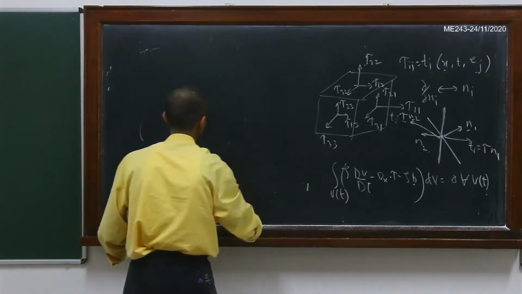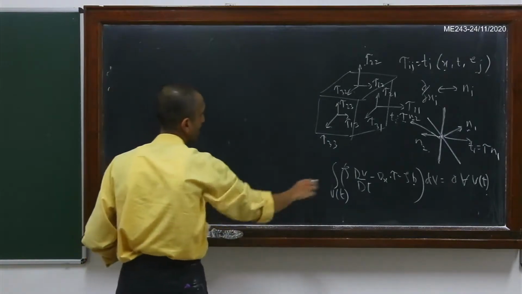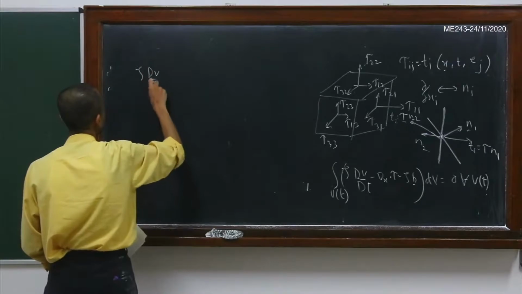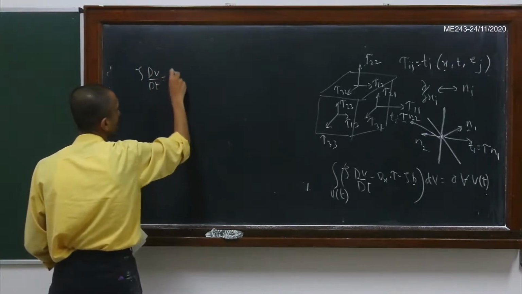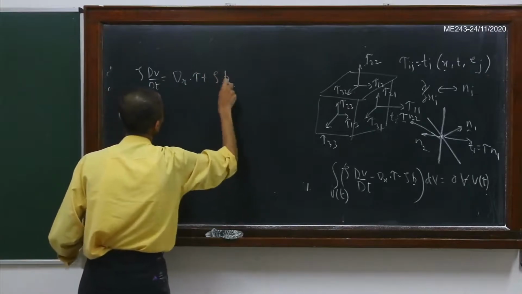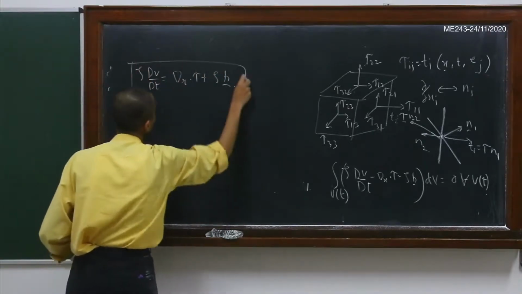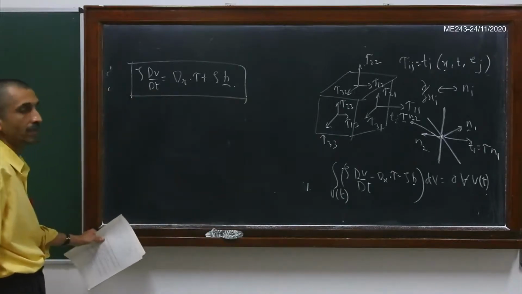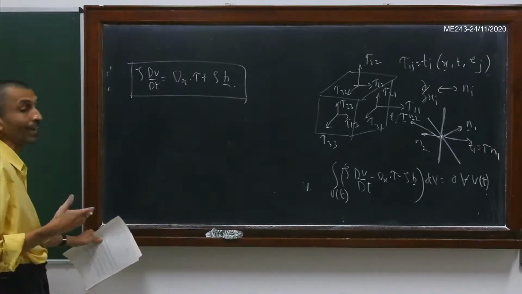Now what we get is rho times dv/dt is equal to del dot tau plus rho times b. So this is now the governing partial differential equation. This is of course a vectorial equation, right?